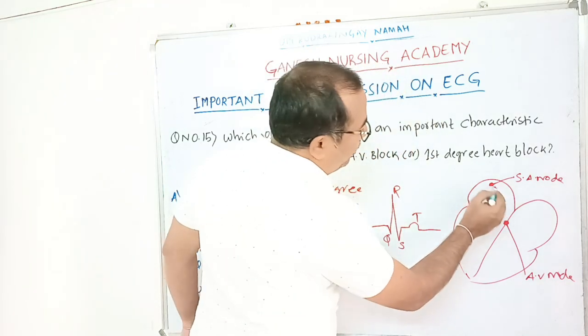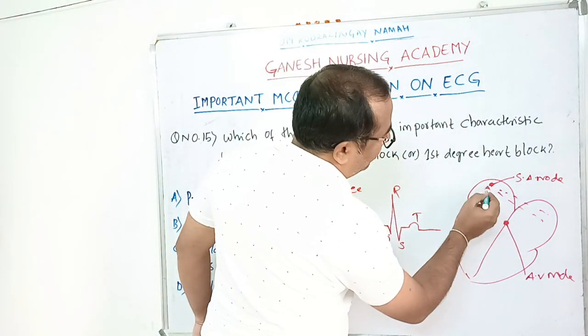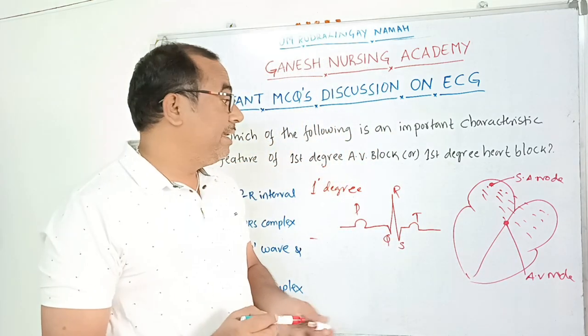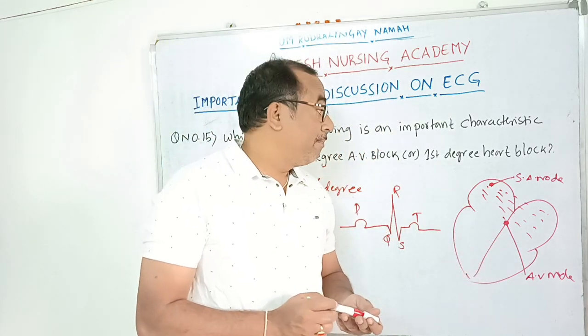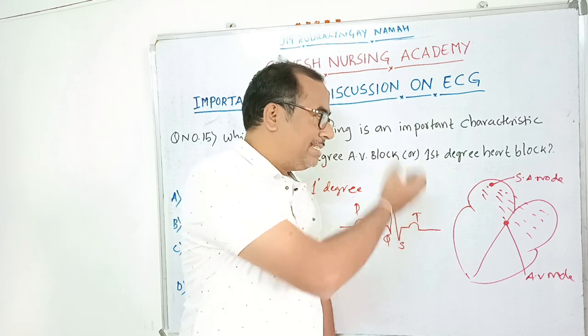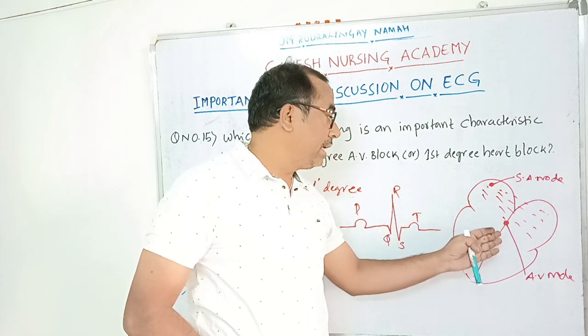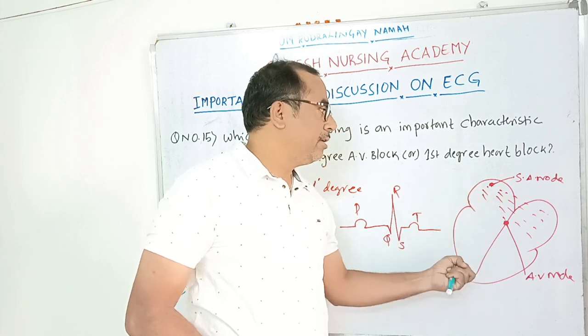There is a delay in transmission. The AV node is unable to catch the electrical impulse from the SA node and transmit it to the bundle of His. The AV node takes more time to receive the electrical impulse from the SA node.